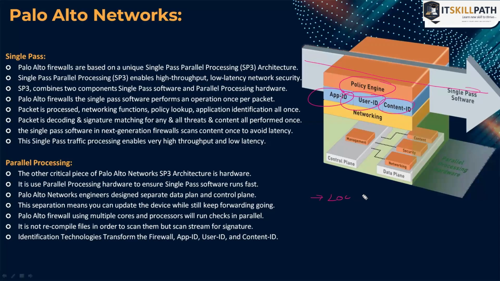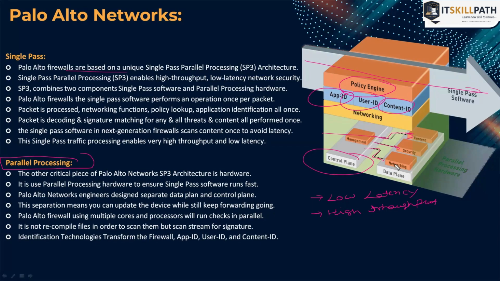Low latency and high throughput. Single pass is software and parallel processing is hardware. It has different engines. When you send a packet, it creates copies of the packet and sends one to the content engine, one for security, and one for networking, and it does all kinds of inspection in one go.